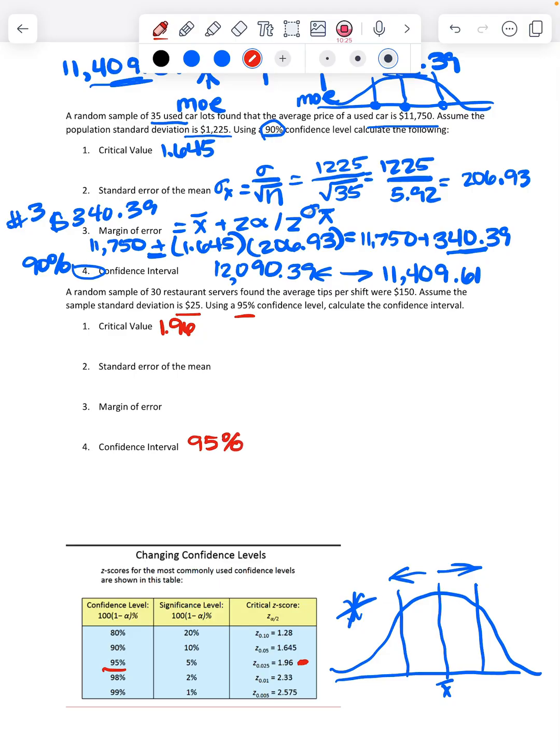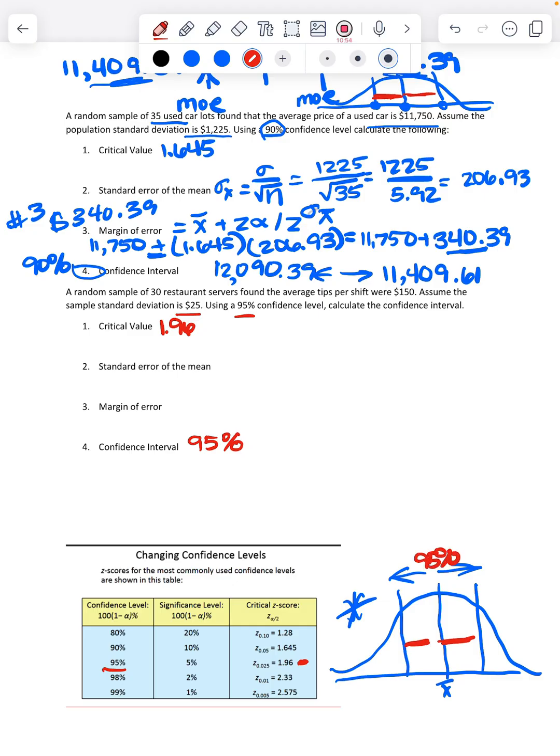Now, what does that mean? Well, based on this situation, 95% are going to fall within this range right here, okay, around the mean. 95% here. Previously, it was 90% in the earlier problem. Now it's going to be 95% hovered around the mean.